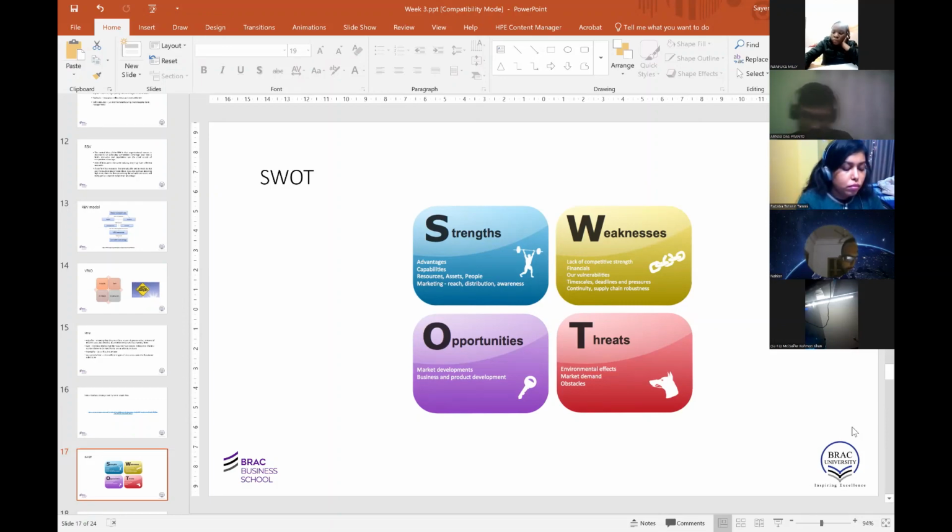Then what could be some of your opportunities? What could be some of your threats? Think about these aspects, because that is also something you need to consider when you're thinking about your internal capabilities. So I guess these are some tools that we need to consider when it comes to internal analysis.